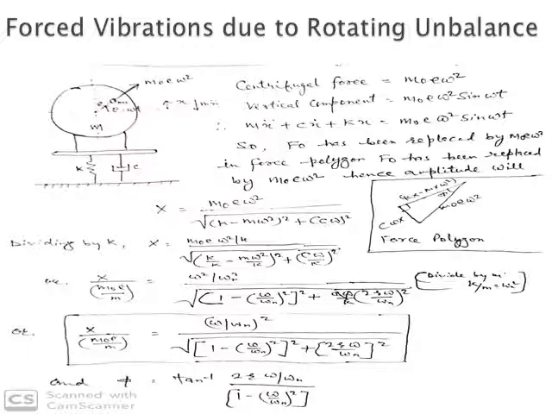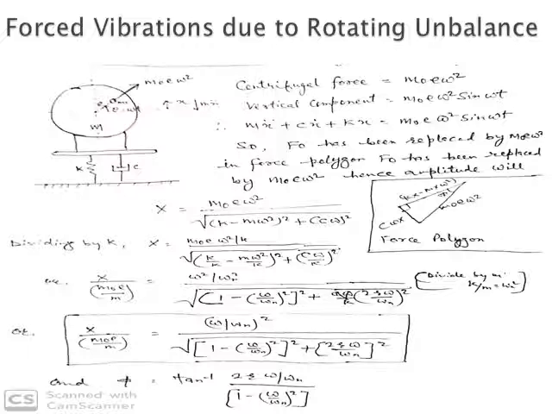We apply Pythagoras in this triangle and get the amplitude x equals m0 e omega square divided by the root of k minus m omega square, whole square, plus c omega, whole square.